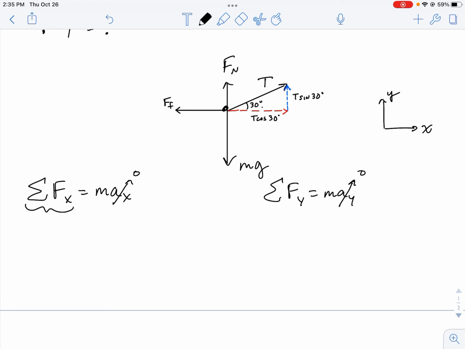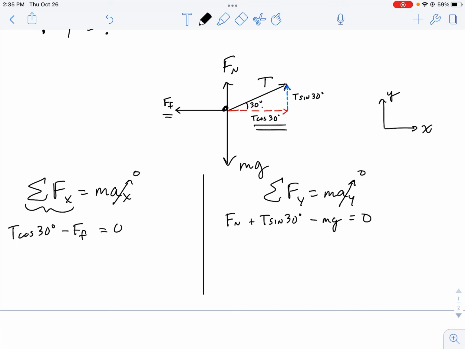What are my x direction forces? We have T cosine 30 in the positive x direction, and we have Ff in the negative x direction. In the y direction, we have Fn plus T sine 30 minus mg equals 0.